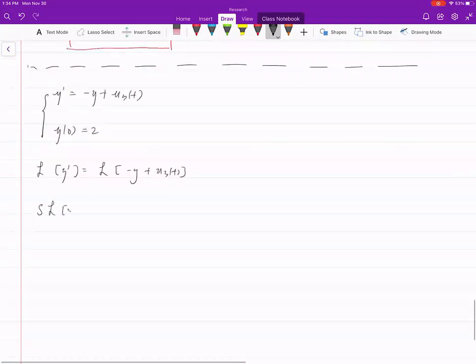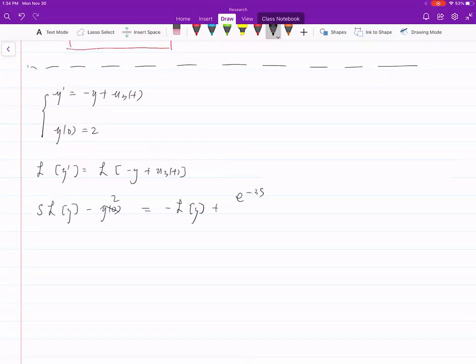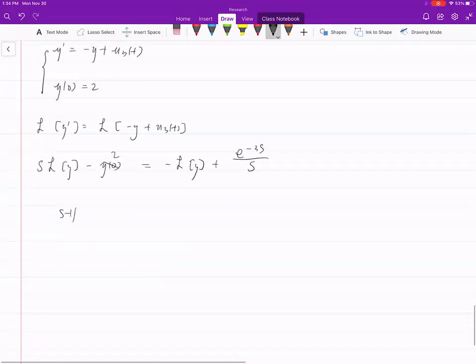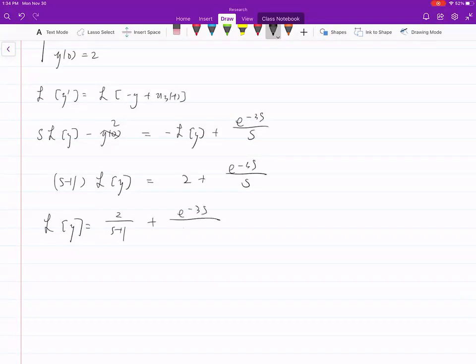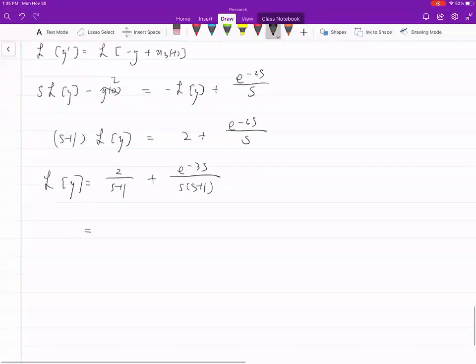S Ly minus y0, which is 2, equals negative Ly plus e to the negative 3s. A is 3. We did this. We divided by s plus 1. After that, we split them into this term and this term using partial fraction.